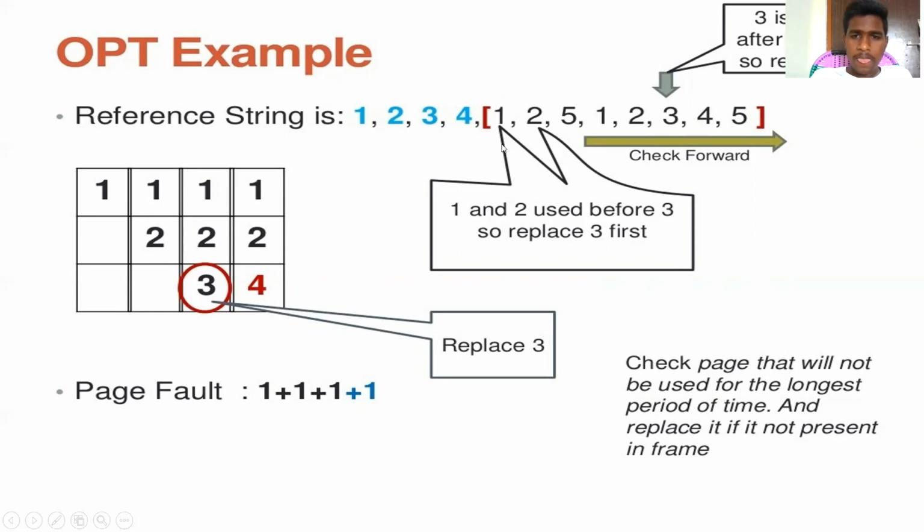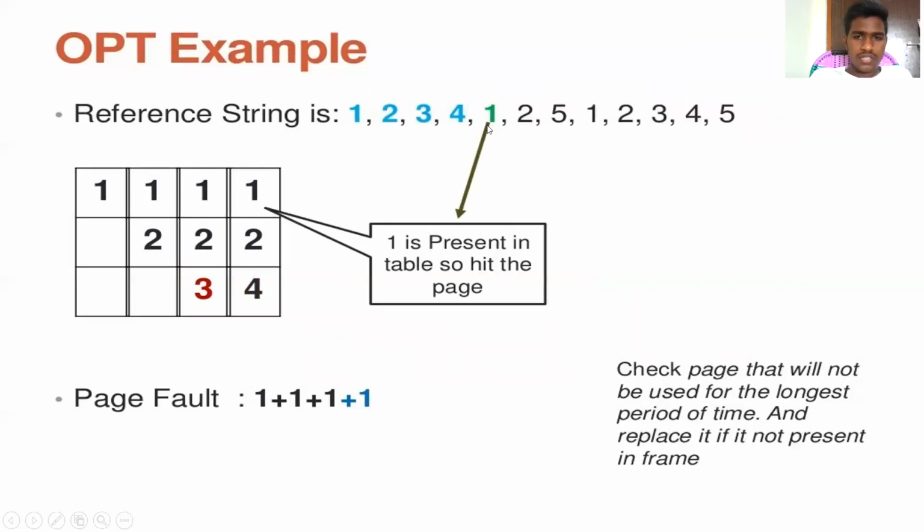Here you can see 1 is there next to this 4 and 2 is there next to this one, but 3 is far away from this. So we have to replace the one which will be used for the longest time. So we replace this 3 with this 4, and the 4 is entered into these frames and another page fault occurs.